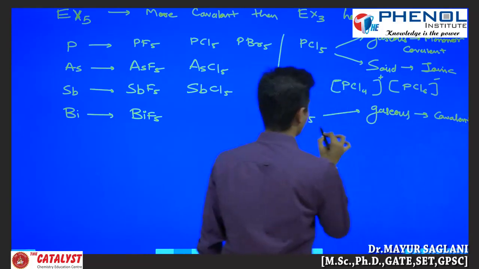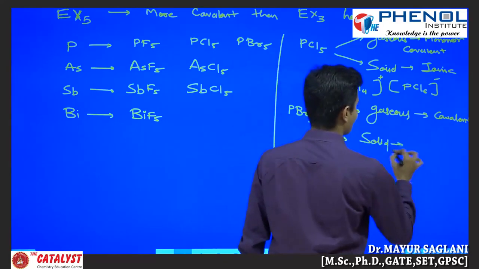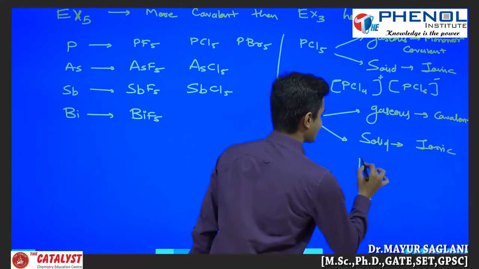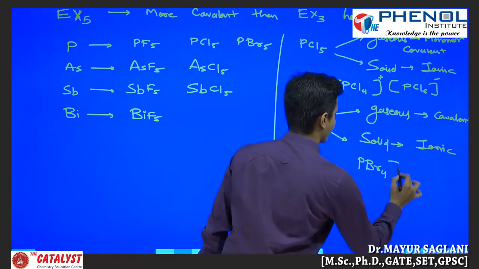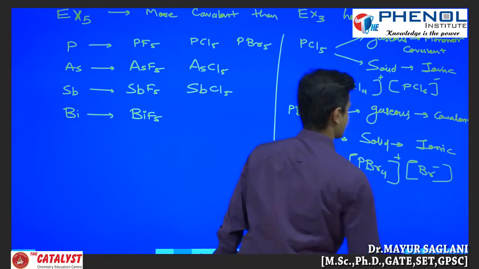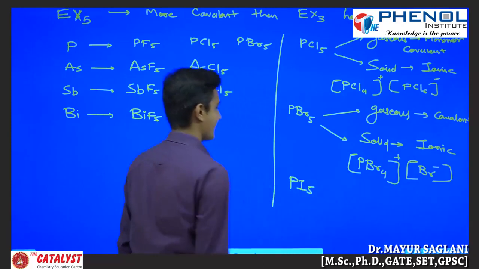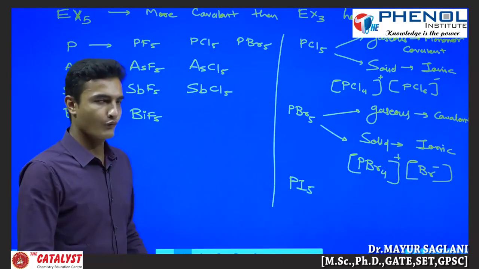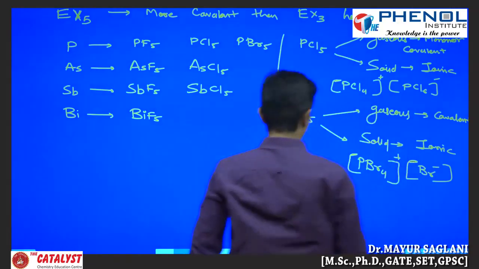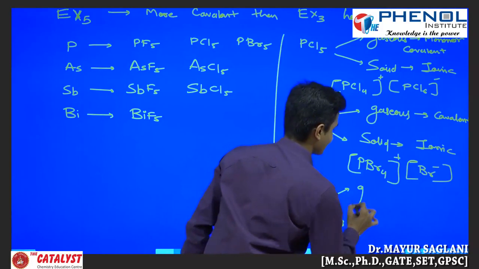Likewise, PBr5 in the gaseous form is covalent. In the solid form, it exists as an ionic compound, PBr4 plus and Br minus. Likewise PI5, very less stable. Here I have not written PI5, but still I am writing it.